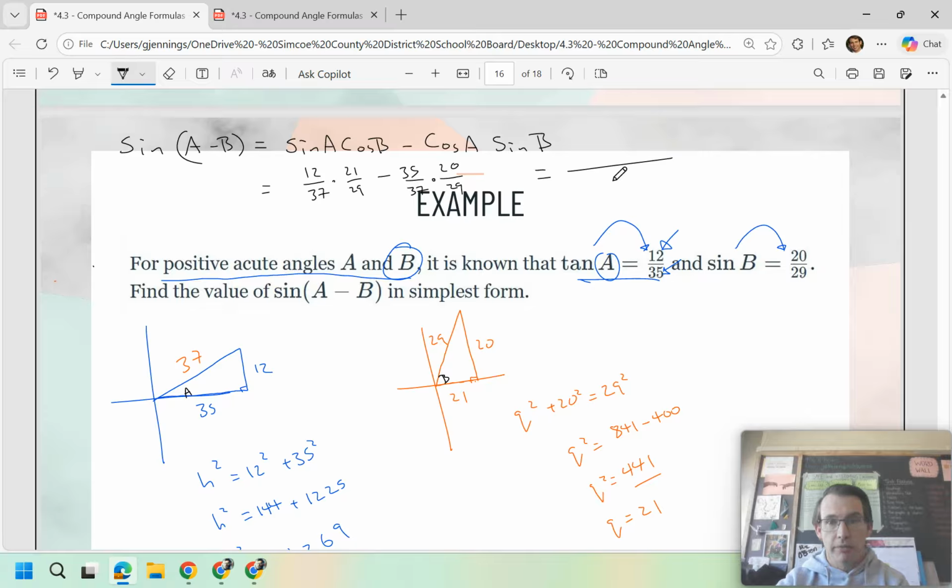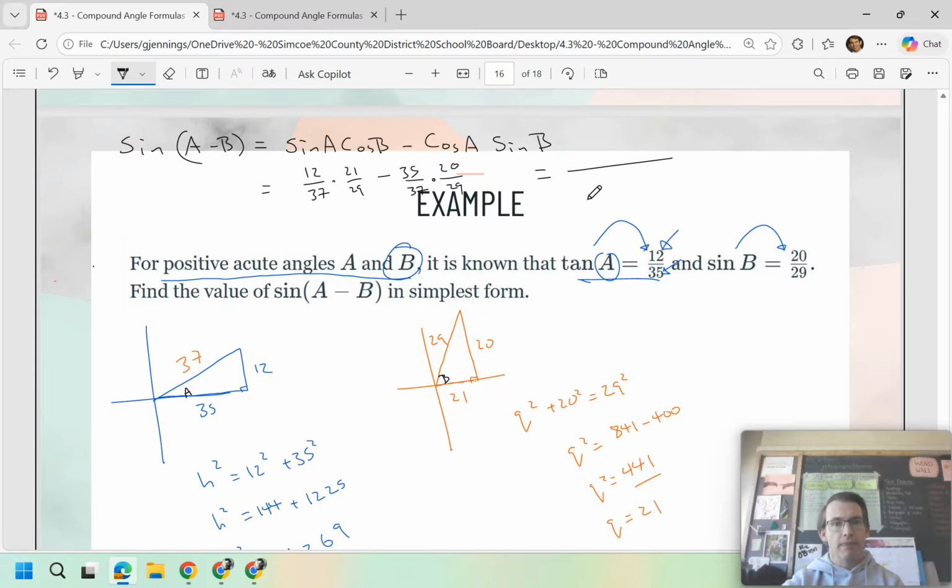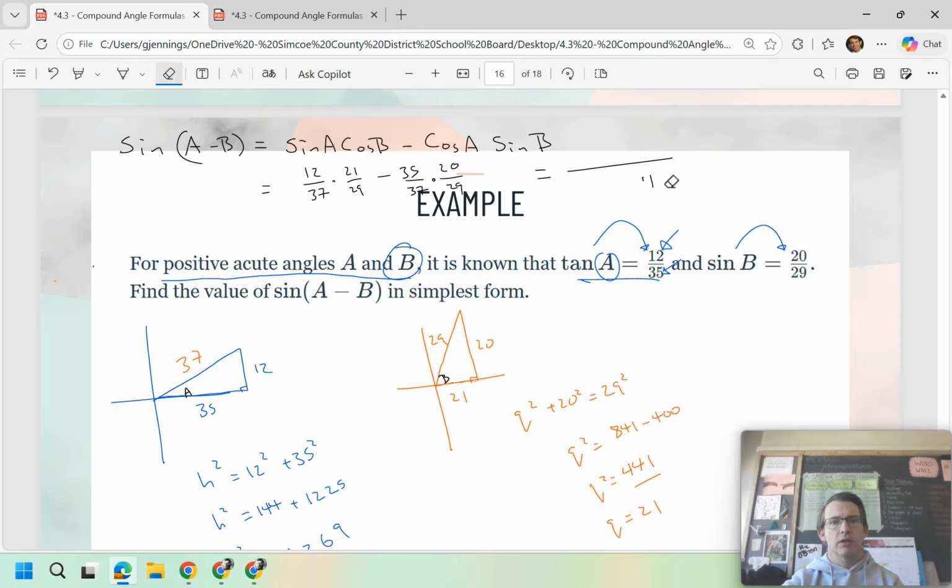That's 703. Is it? No, it's not. I'm very wrong. Don't worry, I checked my work. 37 times 30 is 1110, that's what I'm doing wrong.